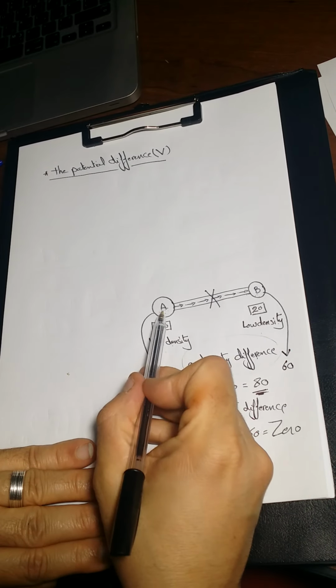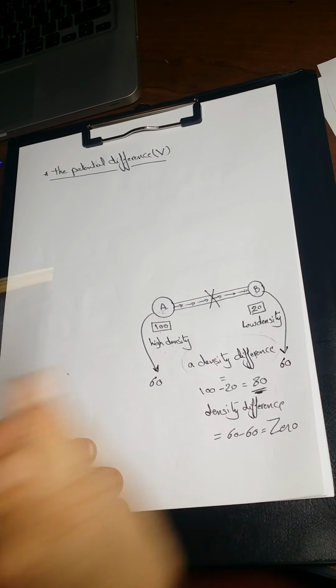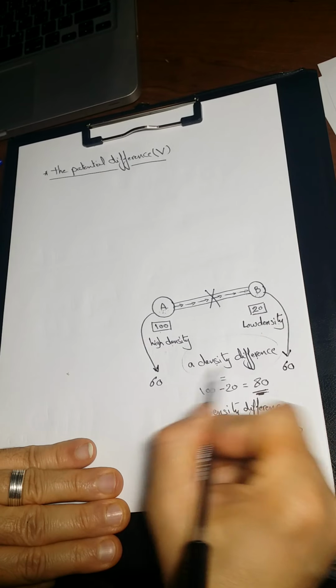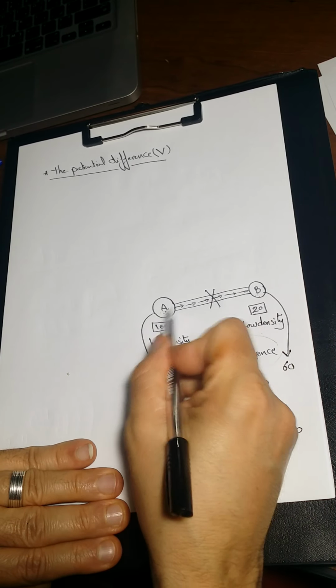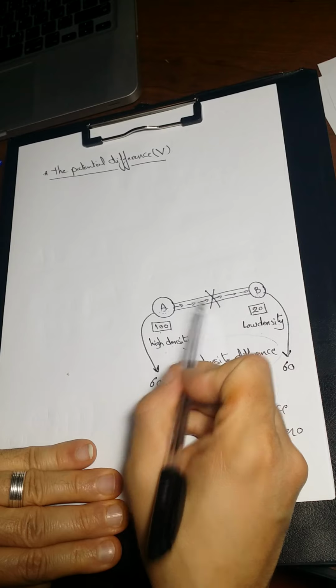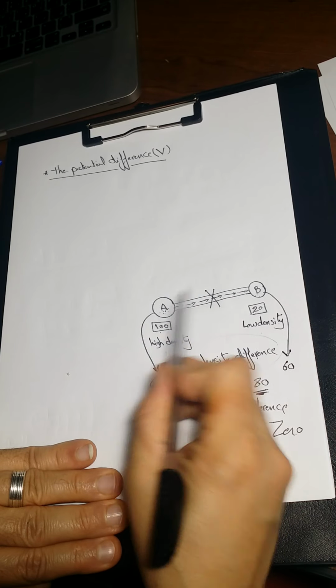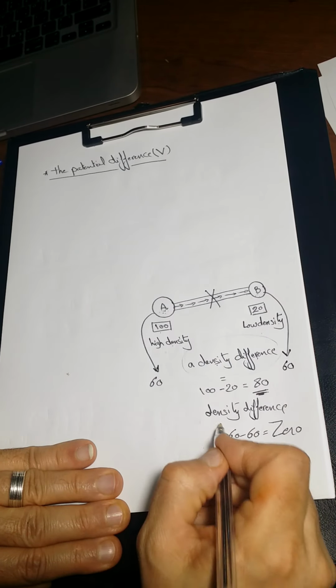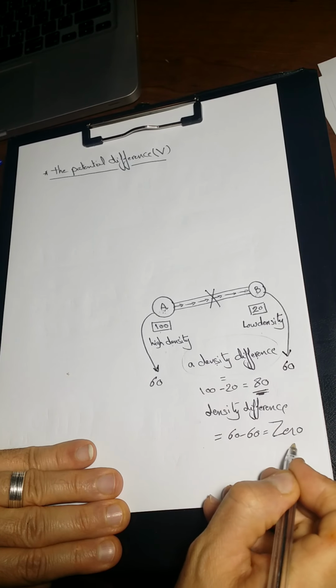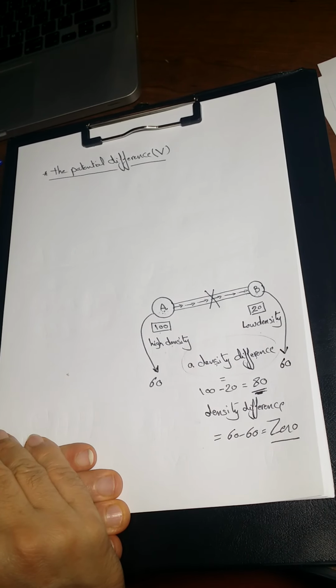So, the students will move from A to B as long as there is a density difference between the two classes. And the transfer of the students from A to B will stop if the density difference between the two classes equals 0.